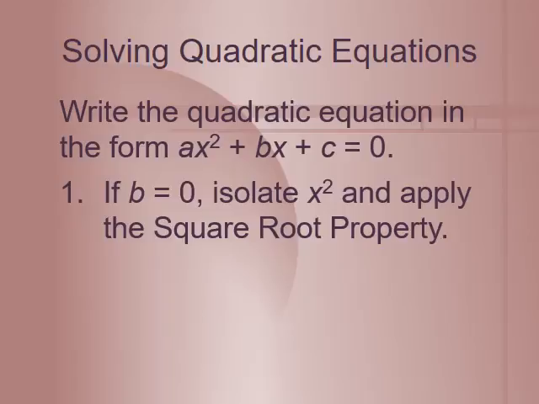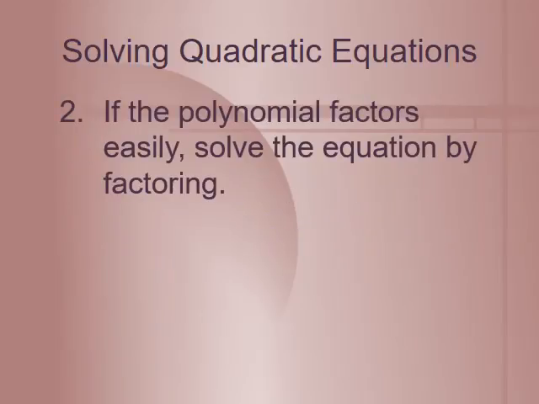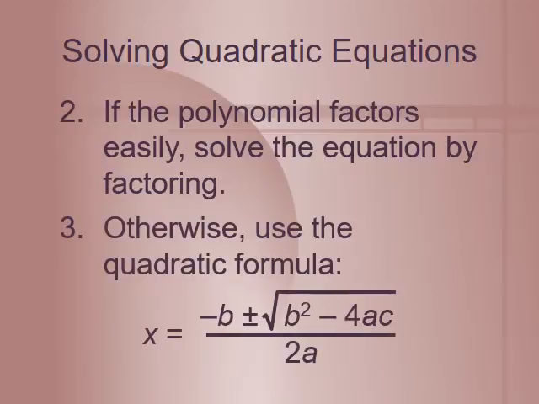So that means we're going to do some type of manipulation so that we can apply the square root property. If the polynomials factor easily, then we're going to factor the equation. Or our third choice is to use a quadratic formula. That's for all the problems that do not factor easily or do not have a perfect square.